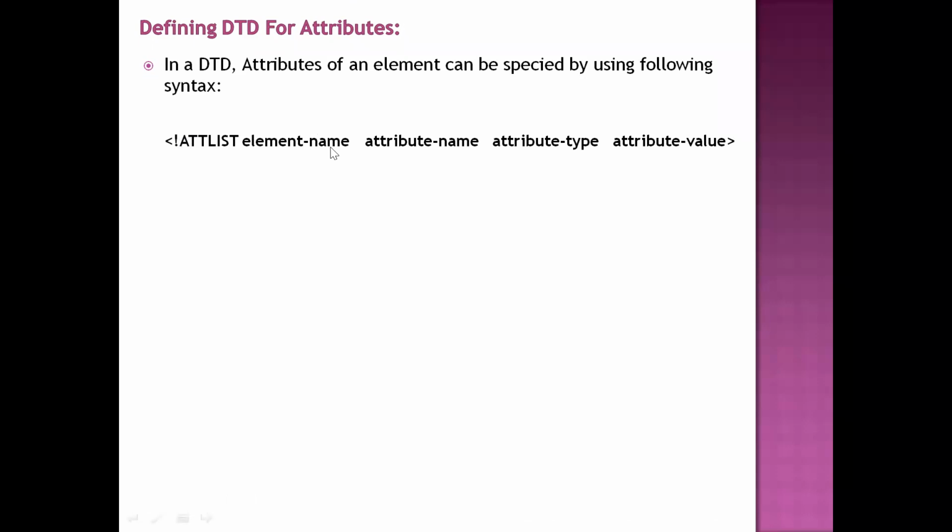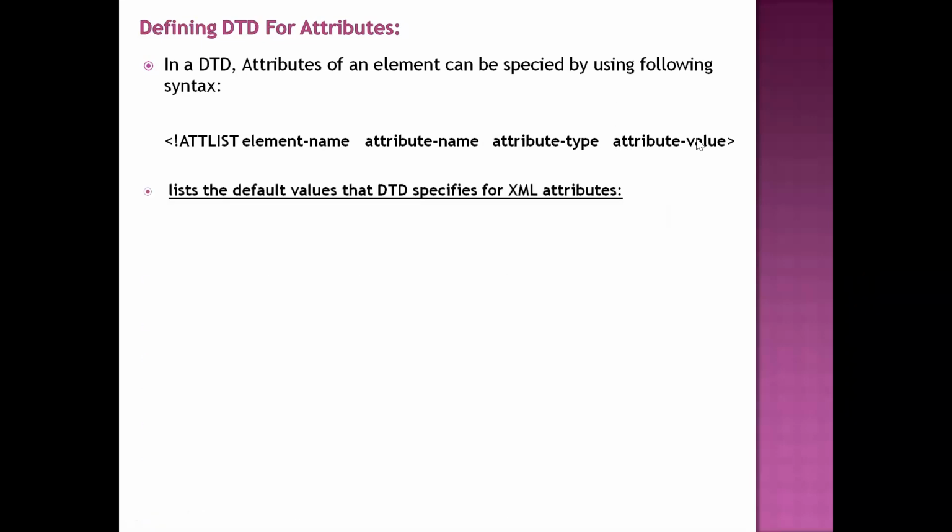Then the name of the element, meaning the element to which this attribute belongs, then the attribute name, the type of the attribute, and the attribute value. Here the attribute value specifies the default value: whether your attribute has any default value, or whether specifying the attribute value is compulsory or optional. That kind of information we need to write as the attribute value.